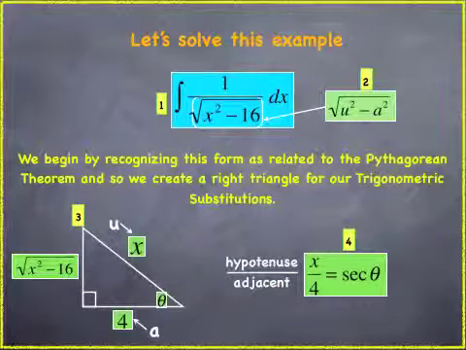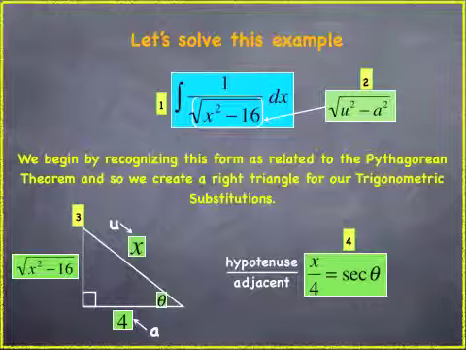Okay, so as I said, we have this form, square root of u squared minus a squared in the denominator. We recognize this has to do with the Pythagorean theorem, so we create a right triangle. You can see that in item 3 with theta. We're going to manipulate what we have under our radical around this triangle so that it all makes sense using the Pythagorean theorem.